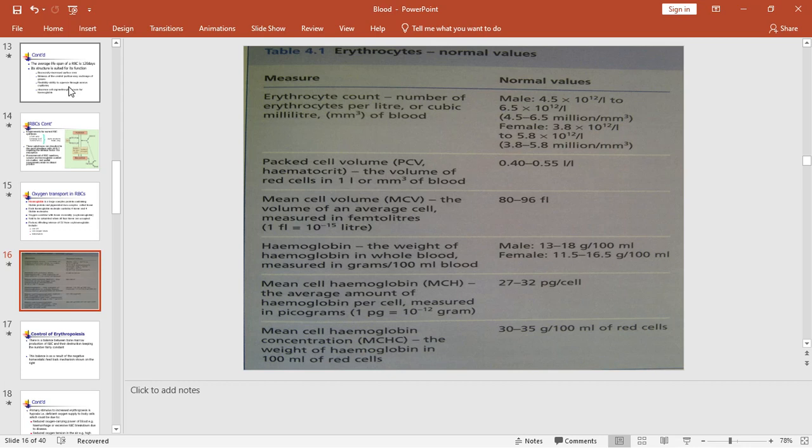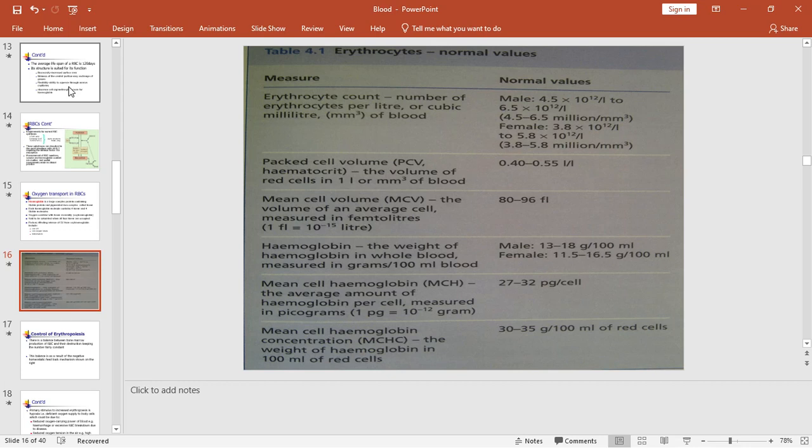You can forget about all these other parameters, packed cell volume and all these things. Most of the time, what we look at is the hemoglobin itself, per liter. And this is really not in our population, because in our population we accept much lower values, because this has to do with diet and also socioeconomic status and those kinds of things.